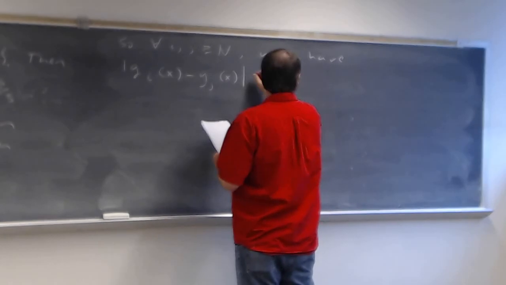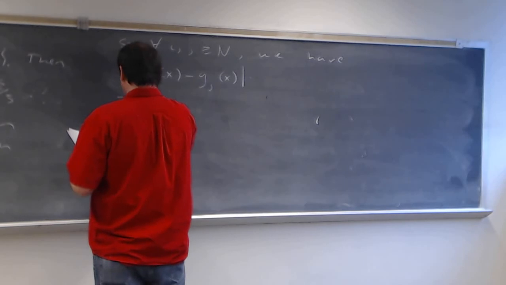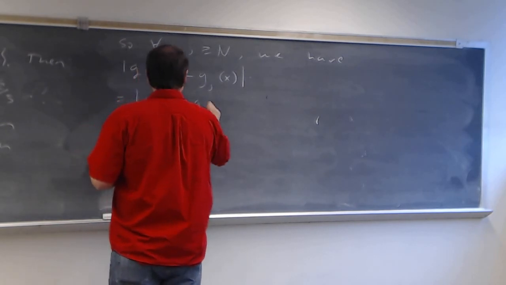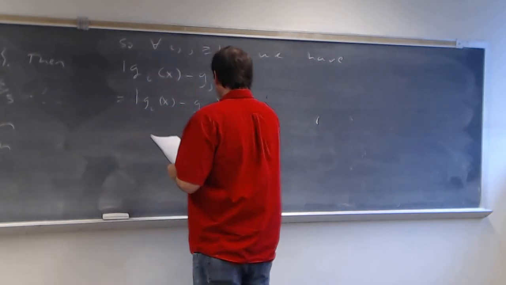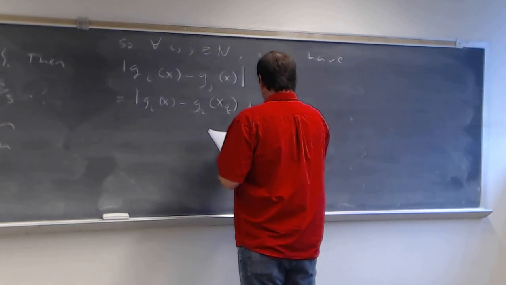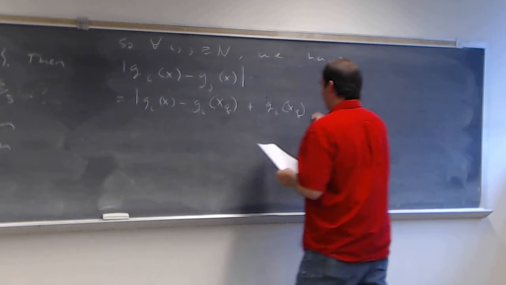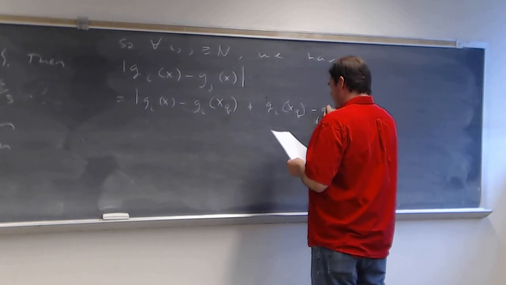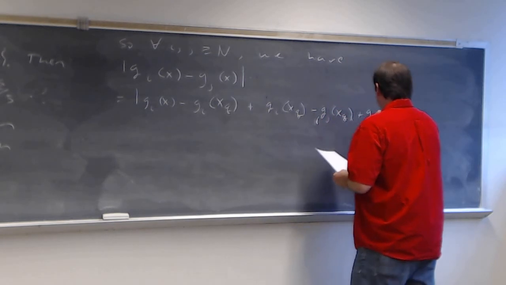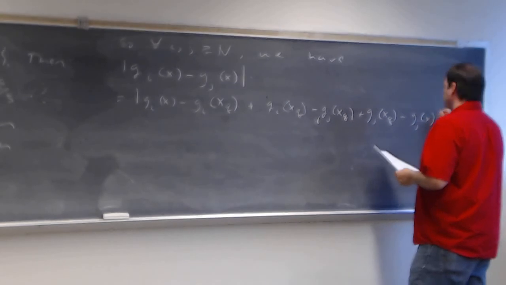That norm is equal to g sub i of x minus g sub i of x sub q plus g sub i of x sub q minus g sub j of x sub q plus g sub j of x sub q minus g sub j of x.